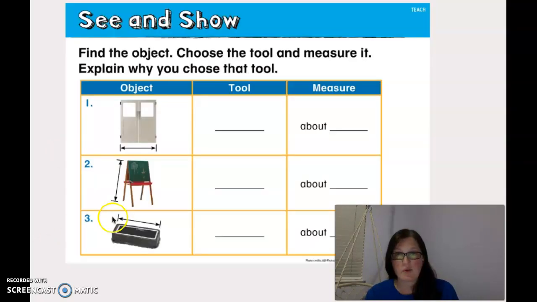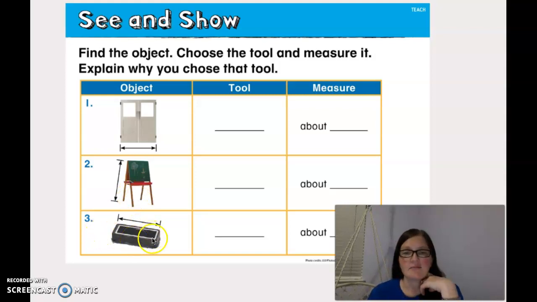So what you're going to be doing today is finding those different things and measuring them. This one says that we're going to measure the doorway, an easel, which I actually didn't even have in the classroom, and an eraser. I would have to choose which one is going to be the easiest to measure these with.